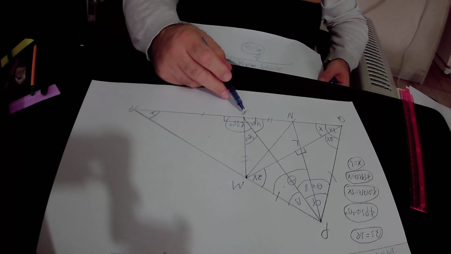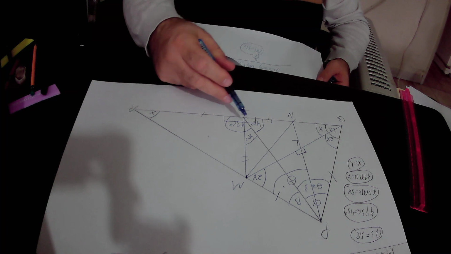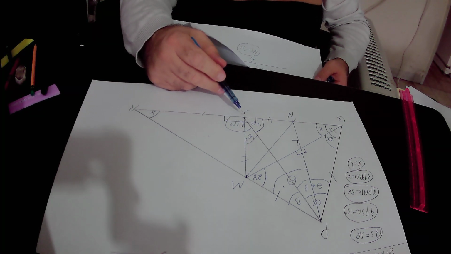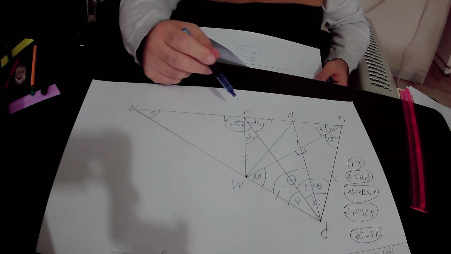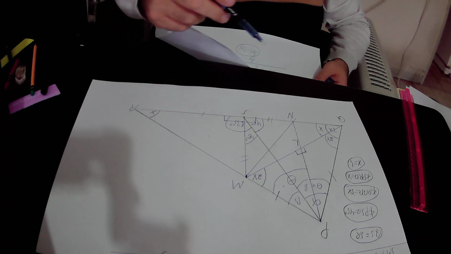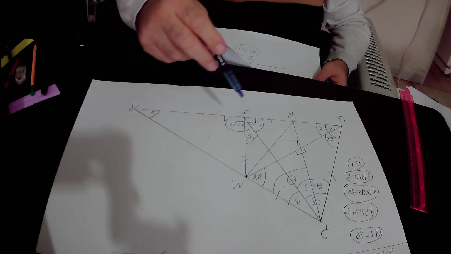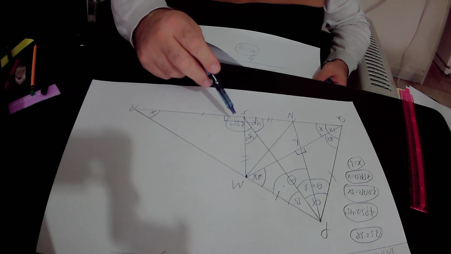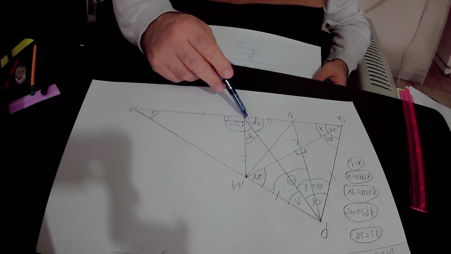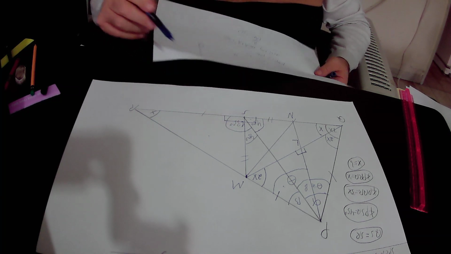So you can see MS is the median to the base of the isosceles triangle MQR. Therefore, this angle is a right angle.